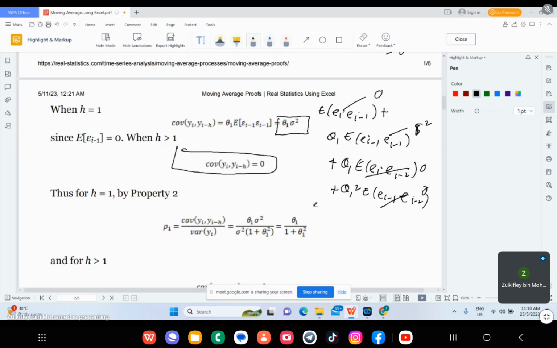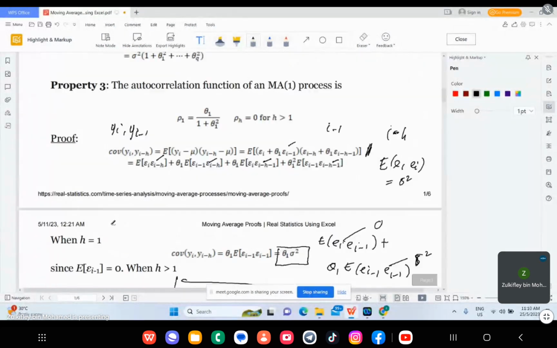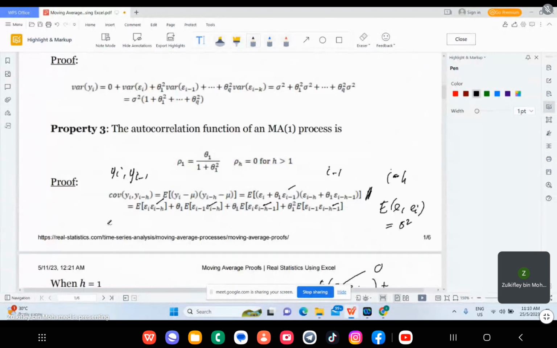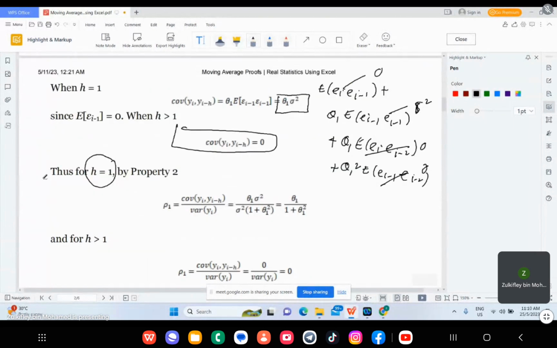So, just now we got, for h is equal to 1, by property 2, where is property 2? Okay. Rho, or the autocorrelation function, rho is equal to the covariance of Yi and Yi minus 1. This is a covariance of Yi and Yi minus 1 because h is equal to 1.